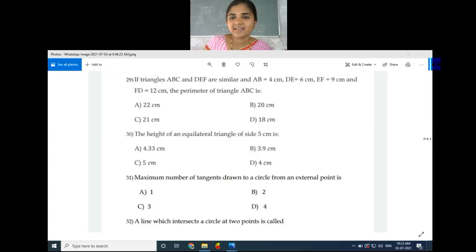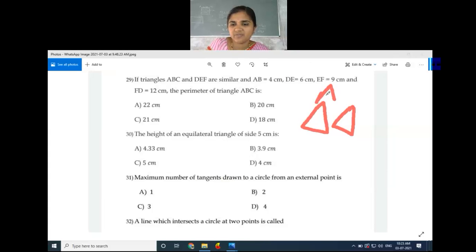18. How is it 18? Two triangles are similar. So let us mark them as A, B, C and D, E, F. It is very difficult to write on this.